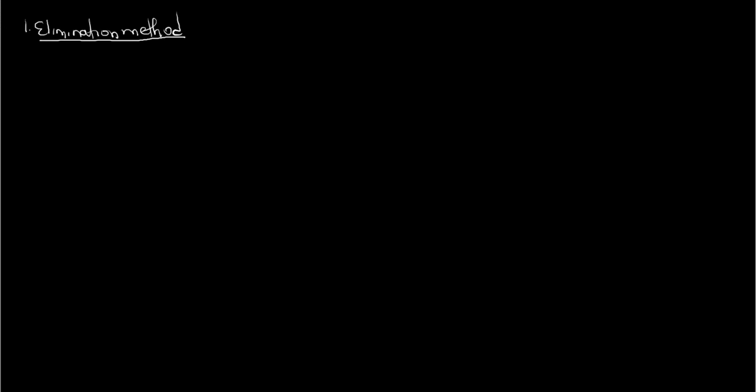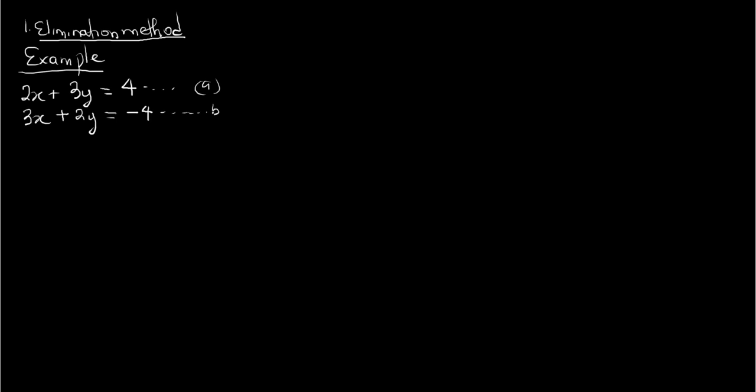It's easier to see this with an example, right? So let's take an example. Let's say we have 2x plus 3y is equal to 4, and let's call this equation A. And we have 3x plus 2y is equal to minus 4 as equation B. So if we look at the first step, you try as much as possible to make the coefficients of one of the variables the same.